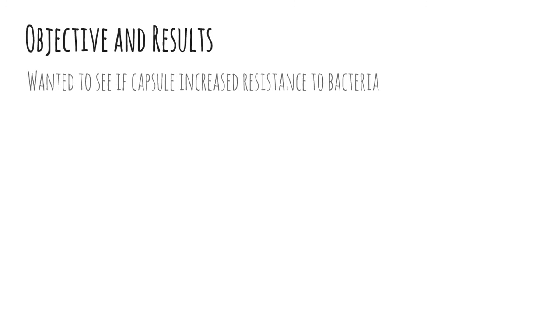Since capsule is used by bacteria to protect themselves from environmental stress, they were curious to see whether it was able to protect bacteria from antibiotics. Previous findings were inconclusive and inconsistent, so they decided to test it for themselves. They wanted to see the difference between wild-type K30 E. coli versus E. coli that lacked the capsule synthesis component in the WZY cassette.